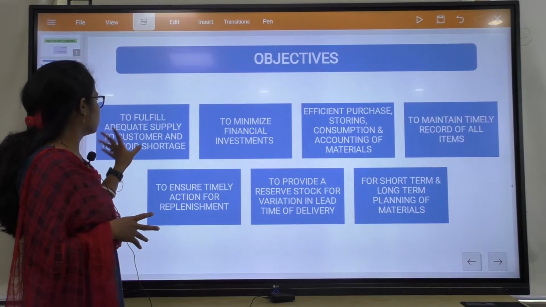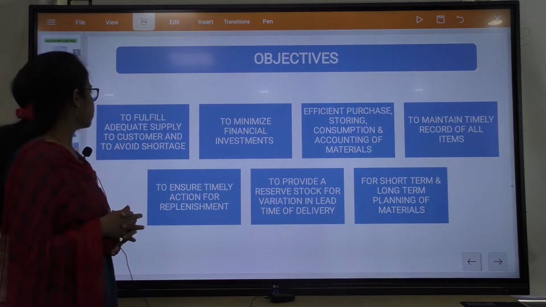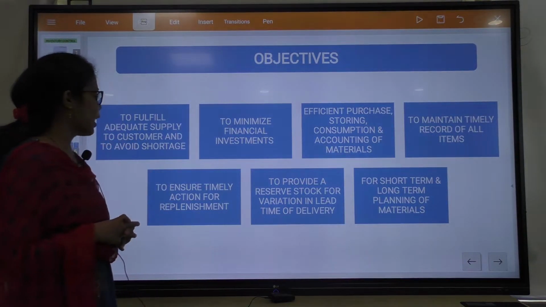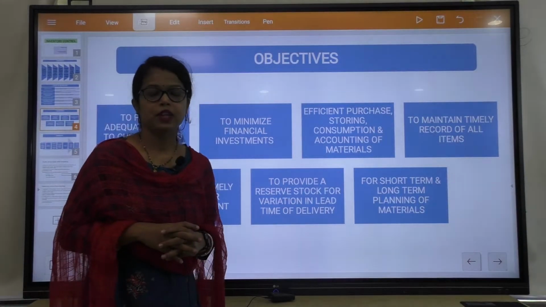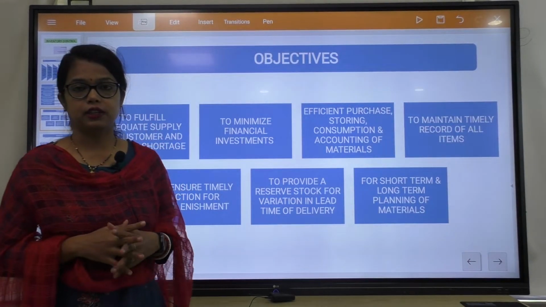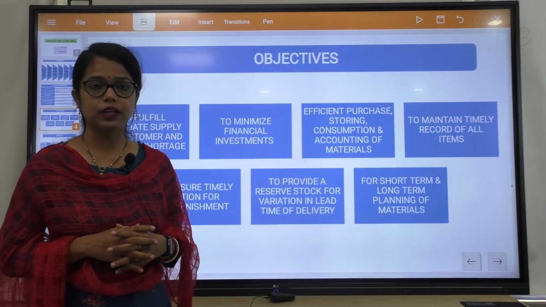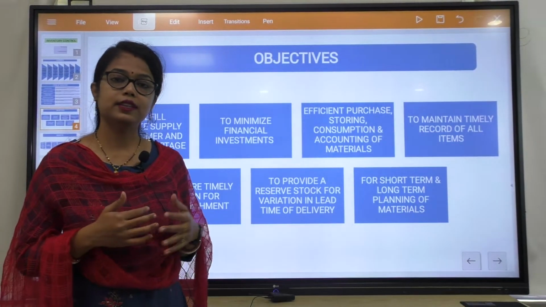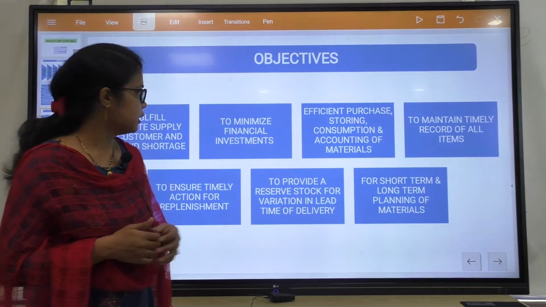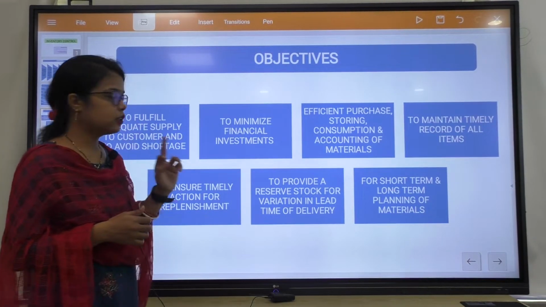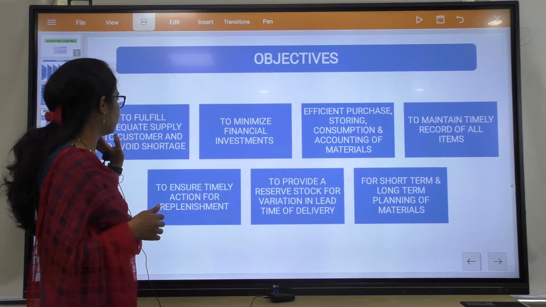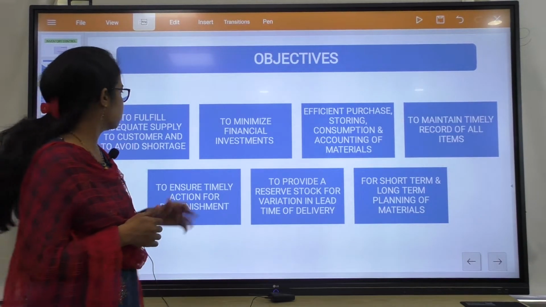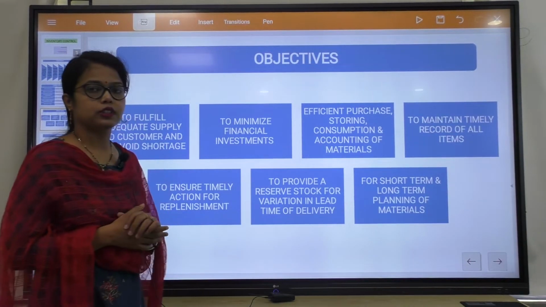The first objective is to fulfill adequate supply to the customer and to avoid shortage. That is the most important objective. That means inventory, the product in stock. If the product in stock is in sufficient condition, then the company or industry can fulfill the requirement of the customers and avoid shortage.